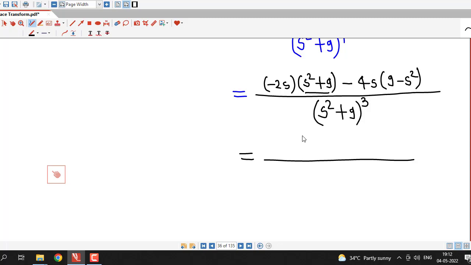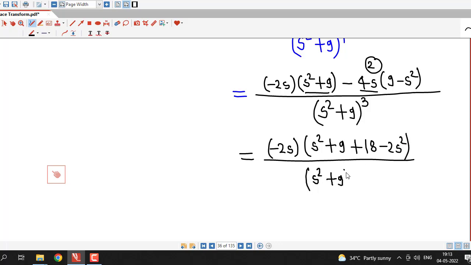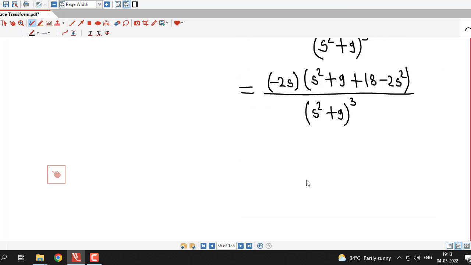We can take minus 2s common, and we are left with s square plus 9 here, and here if we take minus 2s common, there will be 2 in the product, and that we can multiply with this bracket, and minus sign is taken outside, so we have 2 into 9, that is 18 minus 2s square, and this remains as it is, s square plus 9 raised to 3.